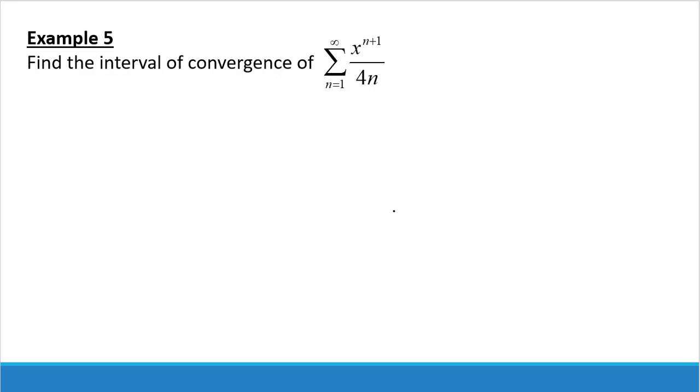So here we have the limit as n goes to infinity of x to the n plus 2 over 4n plus 1 times 4 to the n over x to the n plus 1. So now I get my limit.